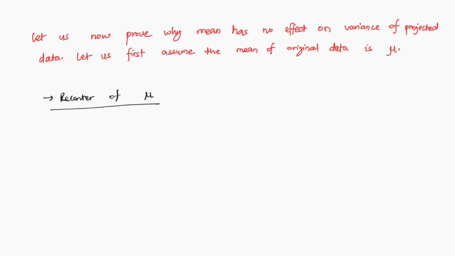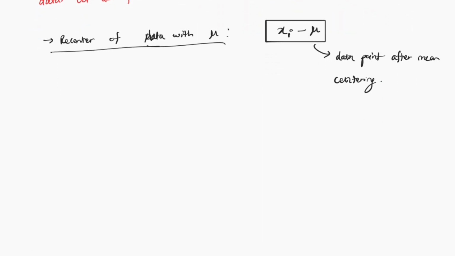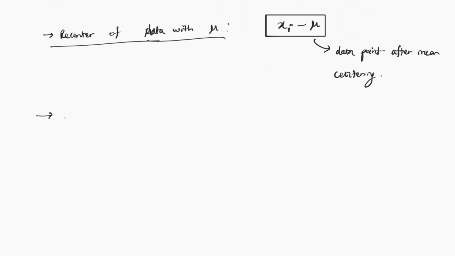Every x will be recentered, and this is how the points will look after the mean centering.